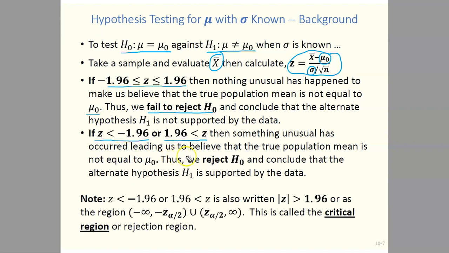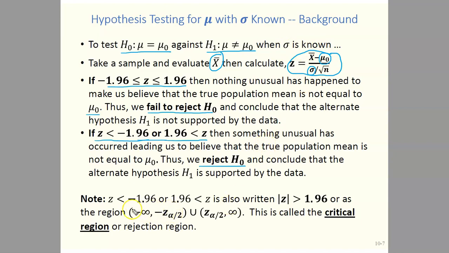And so that leads us to believe that the true population mean is not equal to mu naught, and so we reject the null hypothesis in this case right here. And we conclude that the alternate hypothesis is supported by the data instead. And that's it. That's all that there is to hypothesis testing in this case where sigma is known.